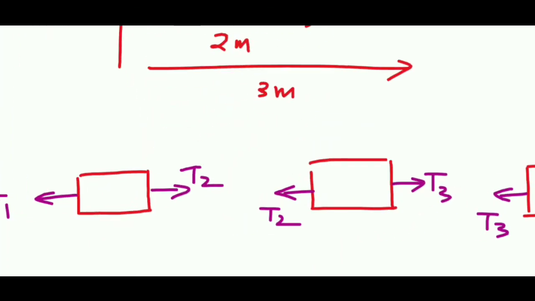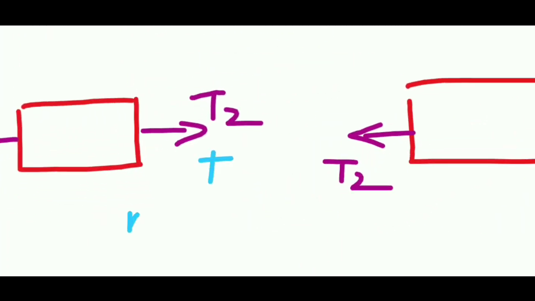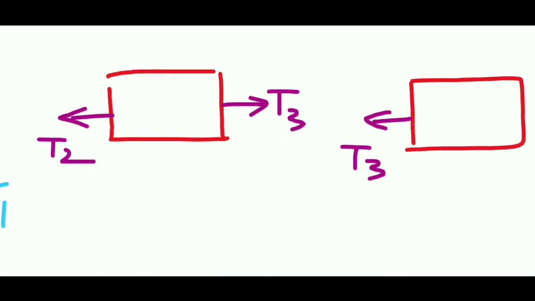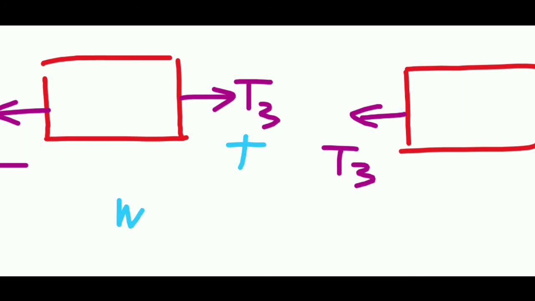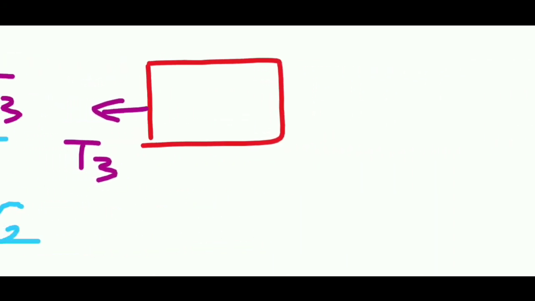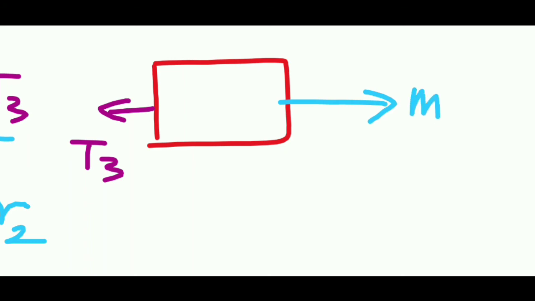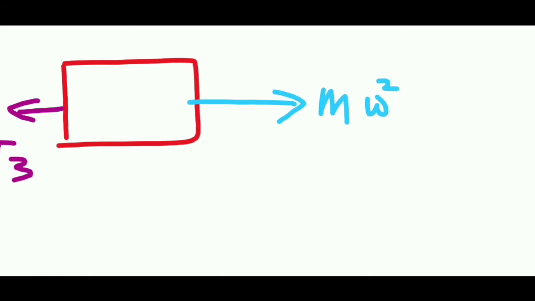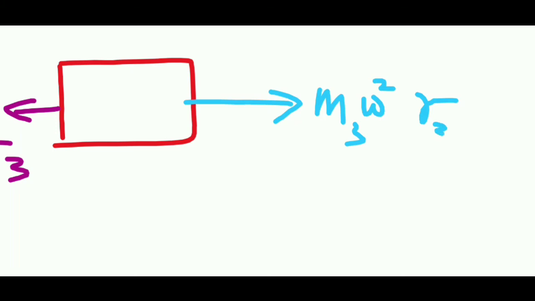So T2 plus m omega square r, but m1 and r1, omega is common. Then T3 plus m omega square r, m2 and r2. Then over here separately m omega square r, m3 and r3.